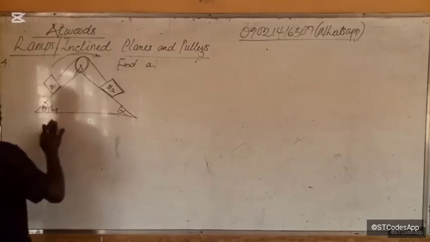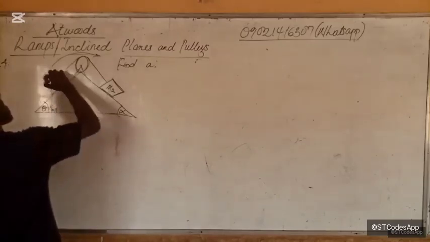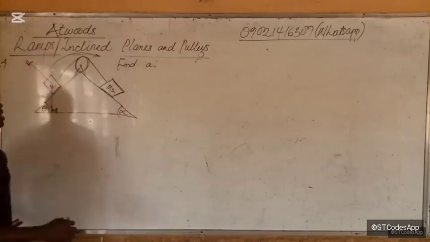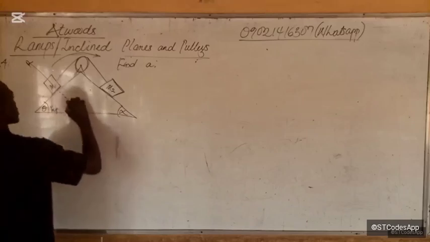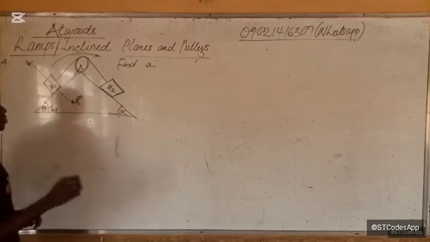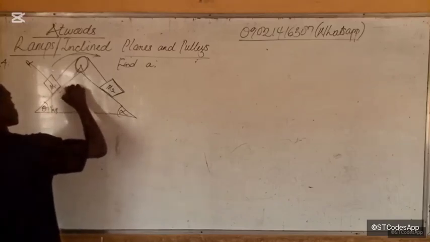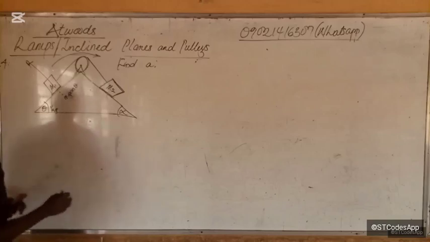So m1g here, and then perpendicular to the surface there is normal reaction acting there, and the force that balances it out is m1g cos theta. I know we've said that before. Cos theta. Let's bring it up because of the space. m1g cos theta.